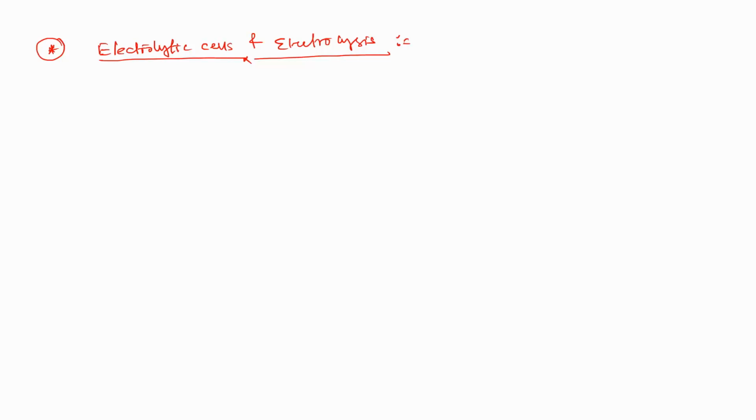From that concept they get impure metal to pure metal. How they get pure metal from impure is the thing in the electrolytic cell and the electrolysis process.